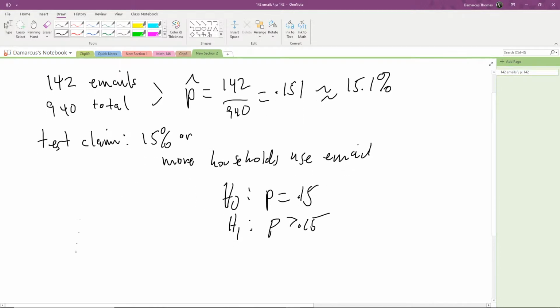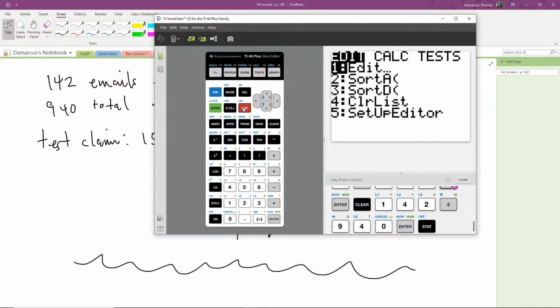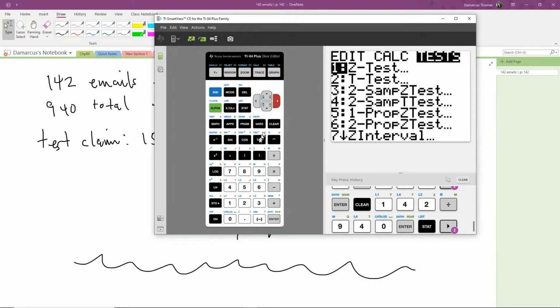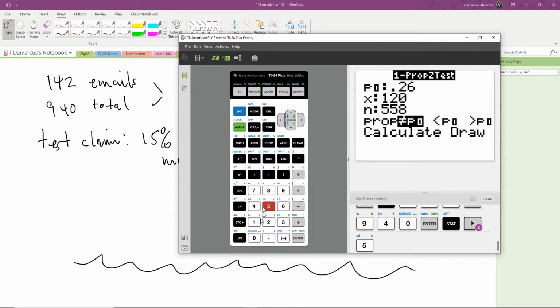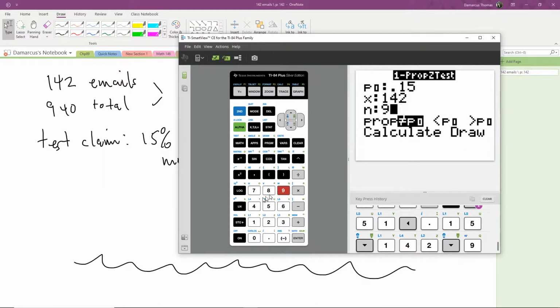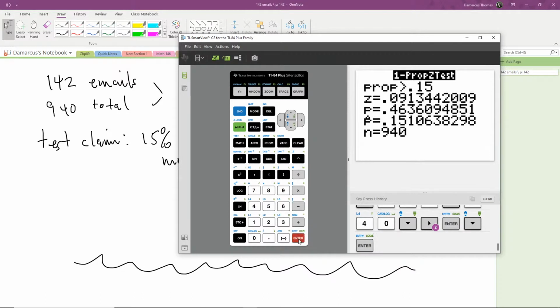And now at this point we will use our technology to get the test statistic and also the p-value. Stat, Tests, 5. This is a right-tail test.